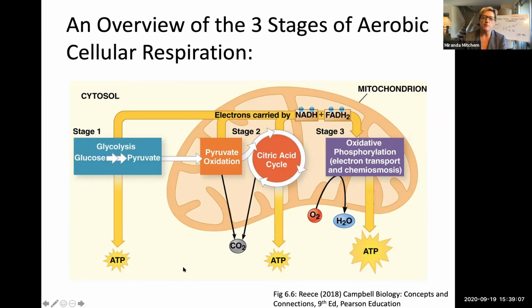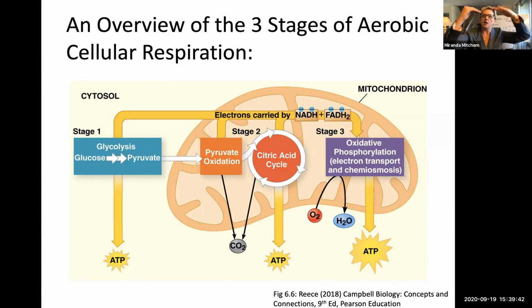So let's look at a couple other things. The oxygen isn't utilized until stage 3, which is why it's called oxidative phosphorylation. The carbon dioxide is released after the oxidation of pyruvate in the transition step. Water is produced in stage 3. So the different materials, our reactants, are utilized at different stages.